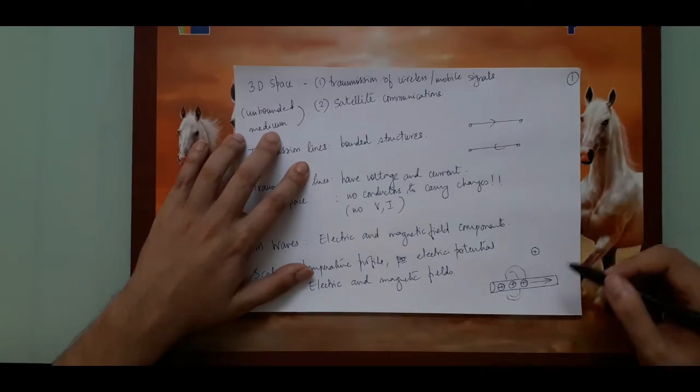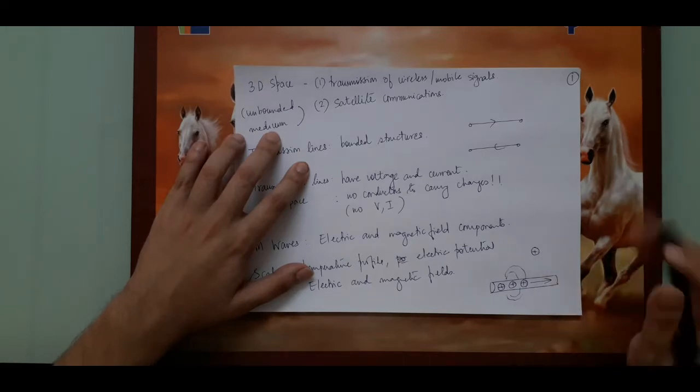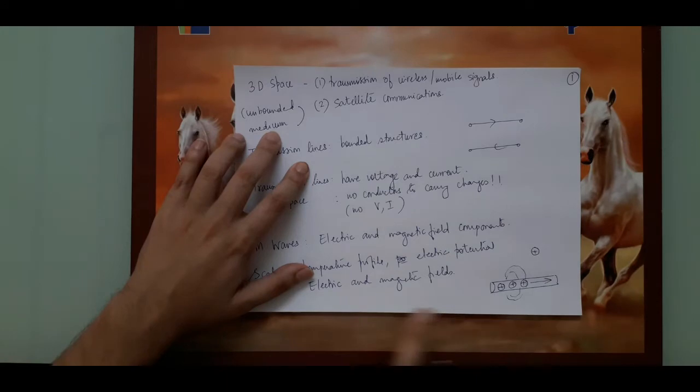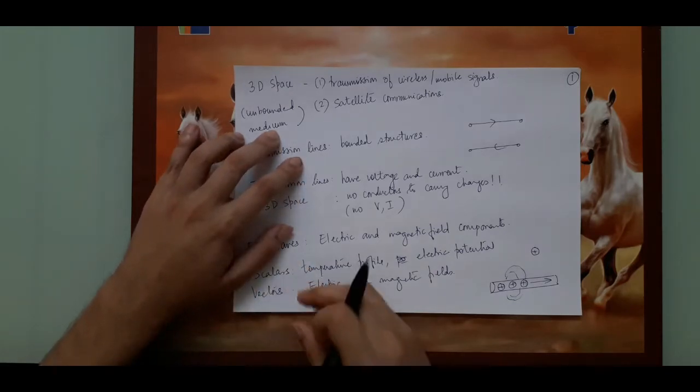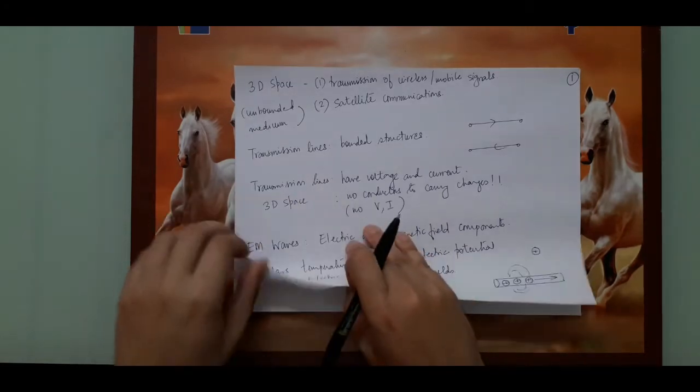So we know that a stationary charge gives rise to an electric field, while moving charges give rise to magnetic fields. So that is the very basic idea behind how the field components at least are existing.